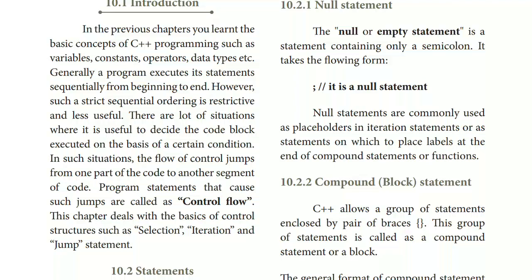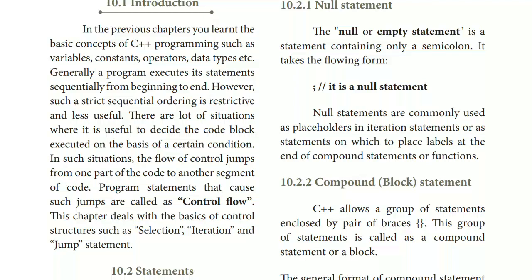In such situations the flow of control jumps from one part of the code to another segment of code. A program statement that causes such a jump is called control flow. What is meant by control flow?